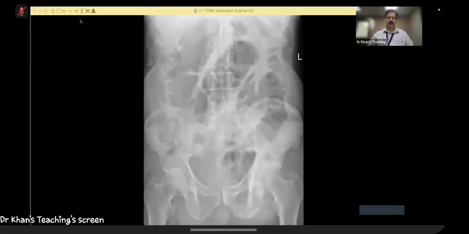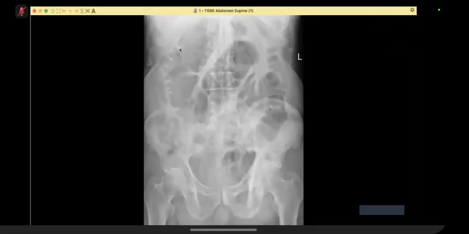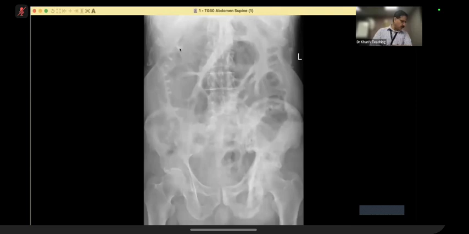Let me check if candidate 5 is there. I think we have lost candidate 5. Candidate 4, are you with us? Yes, sir, I'm here. Okay, if you want to tackle it. A&E fail, okay sir, acute abdomen, 90-year-old.